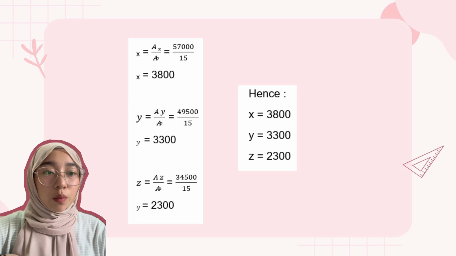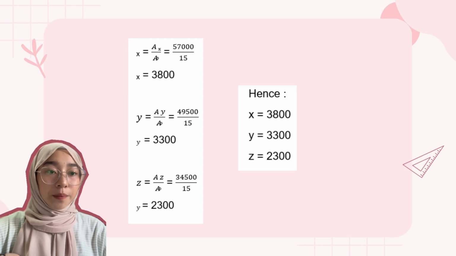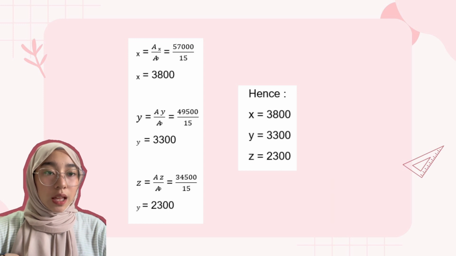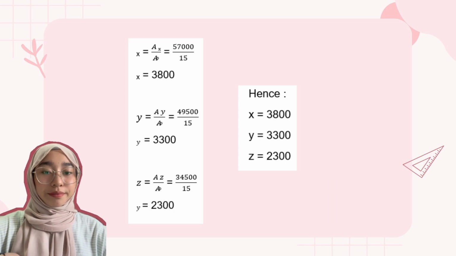Same for the Y, we use Ay divided by A, so it equals 49,500 divided by 15. So we have Y is 3,300. And then lastly for the Z, we use the Az divided by A, so it is equal to 34,500 divided by 15. And then we have our Z is 2,300.